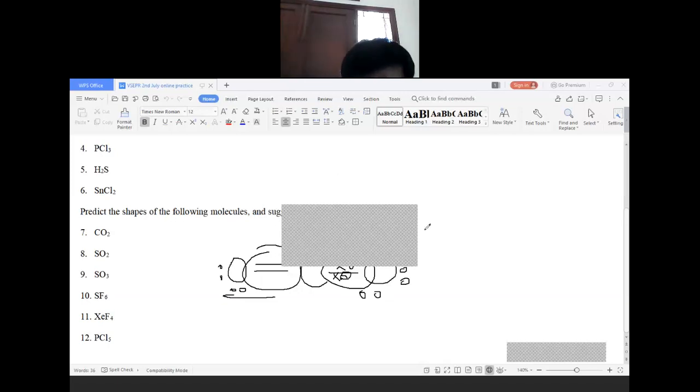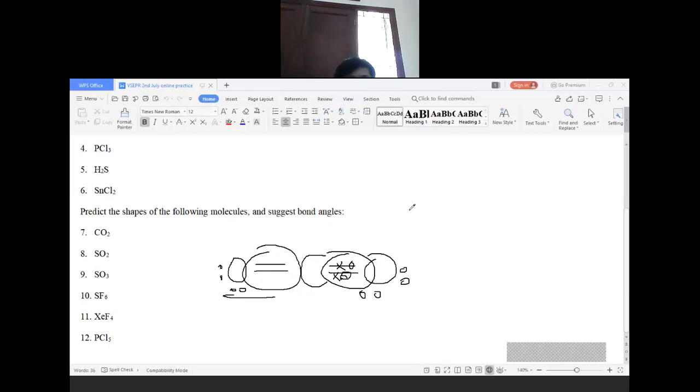So SO2. Based on the structure, S has 6 electrons, and then it has 1 lone pair, because sulfur has 6 electrons around the outermost shell. So what is the shape of SO2?